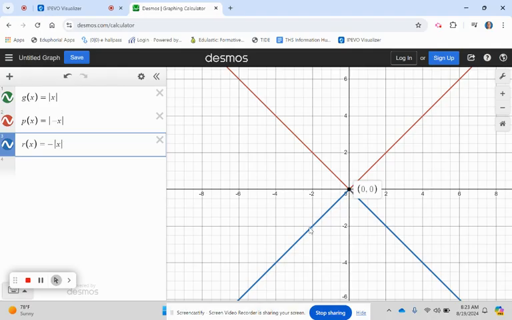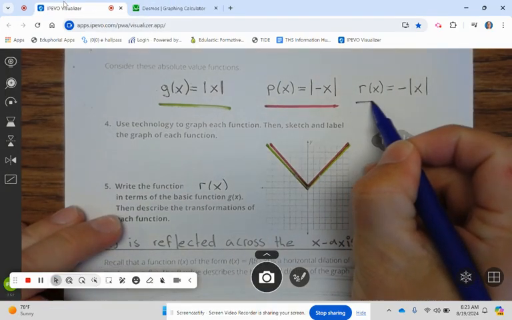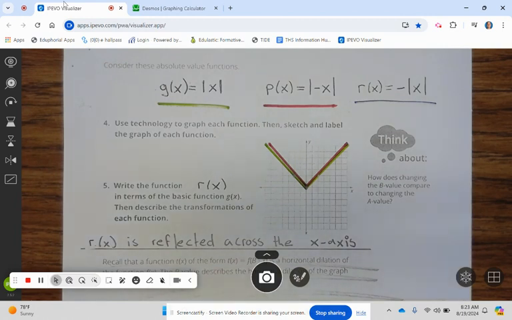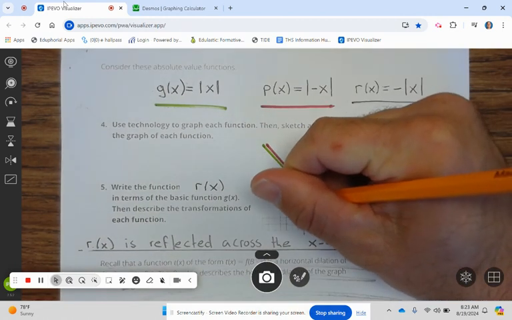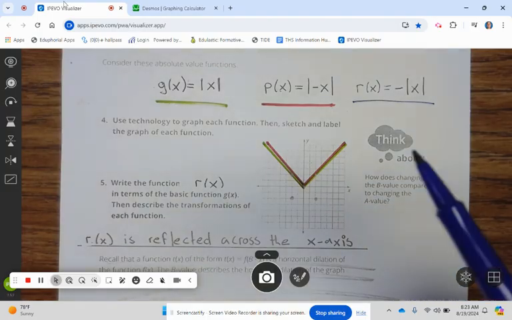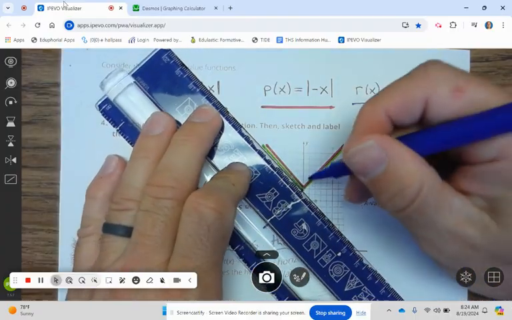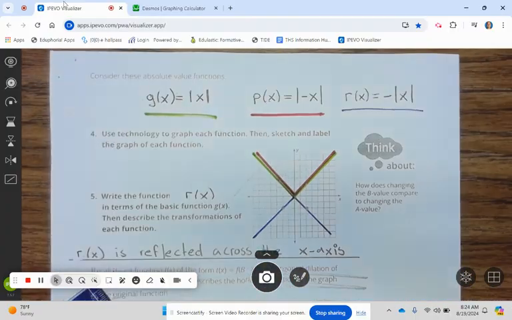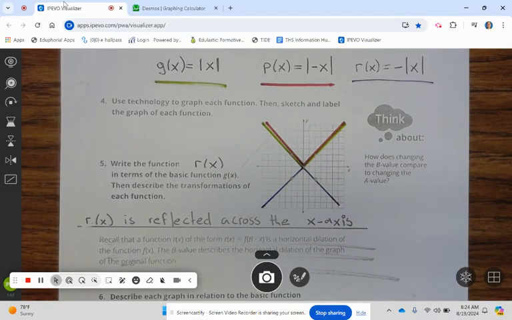So we have 0, 0, negative 2, negative 2, and 2, negative 2. Go ahead and finish up the graphs.